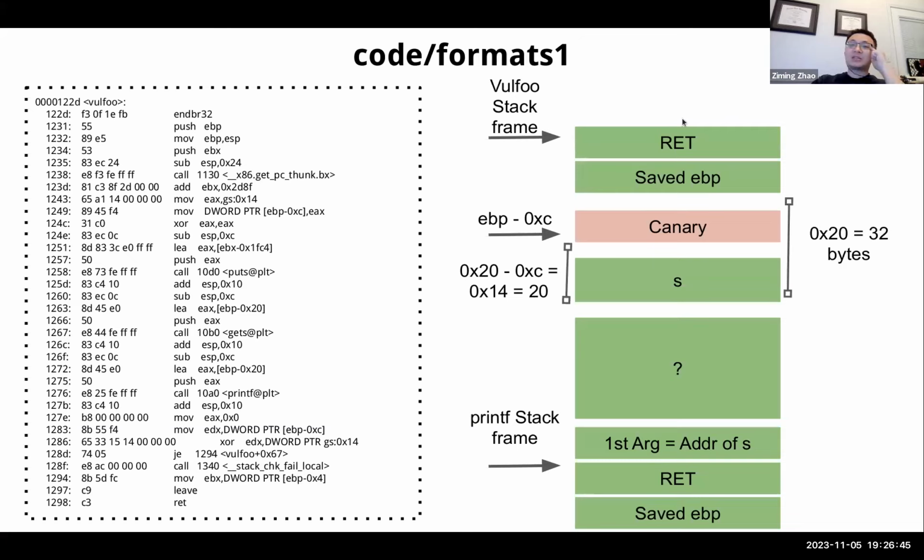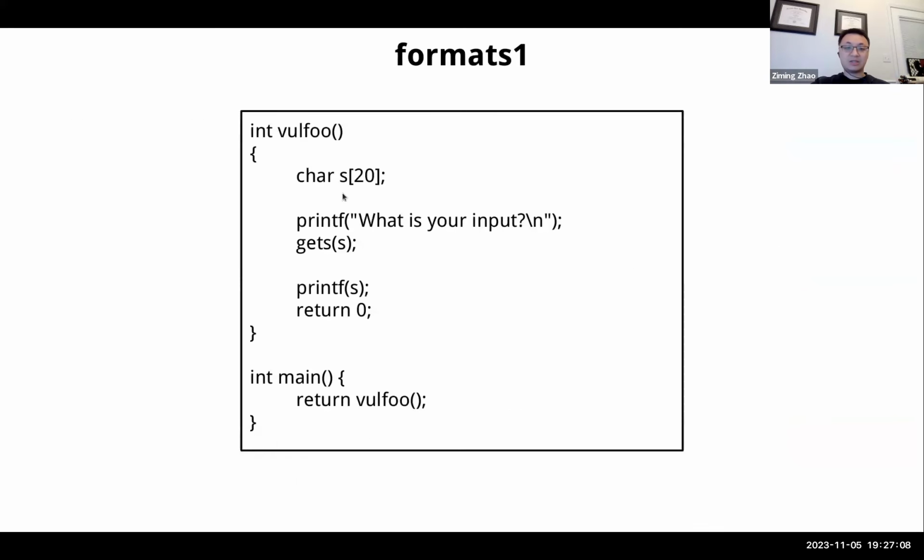Vulfu has its own return address and saved EBP. This return address should point to somewhere in the middle of the main function, because vulfu was called by main. After that, there is a canary, and then the local variable s.